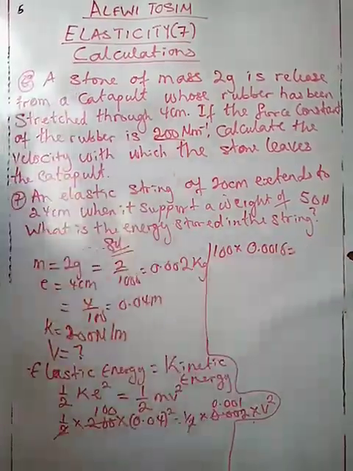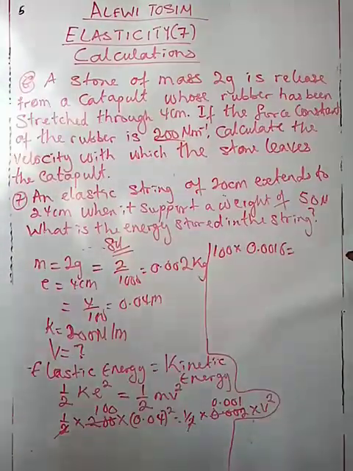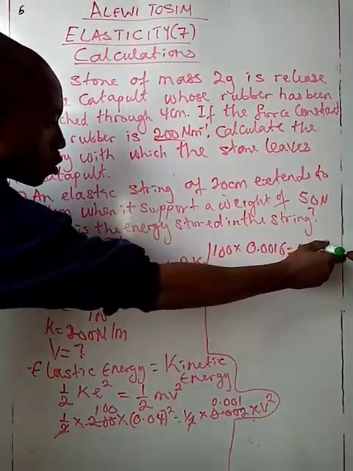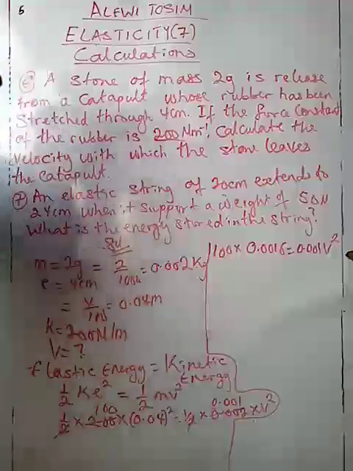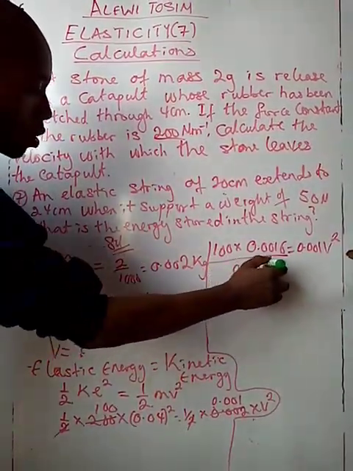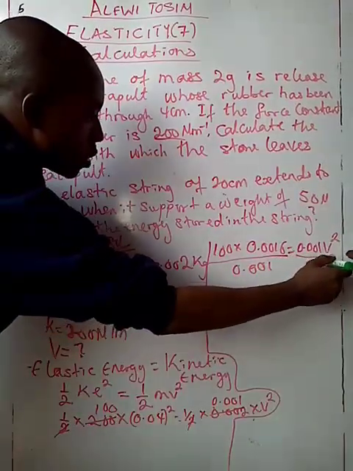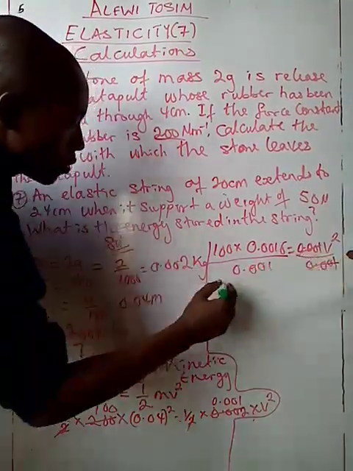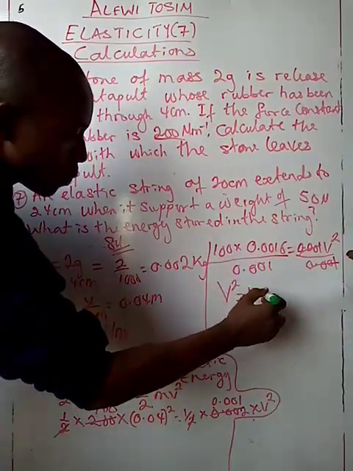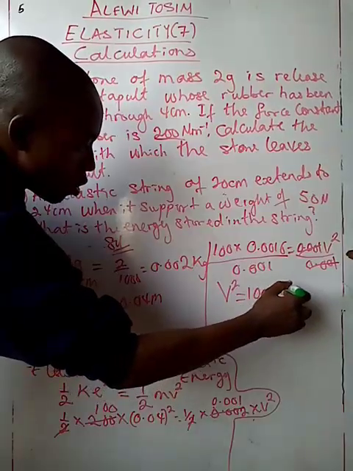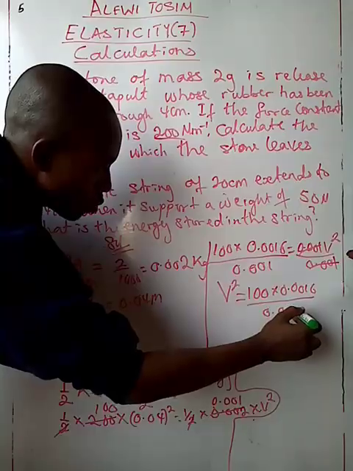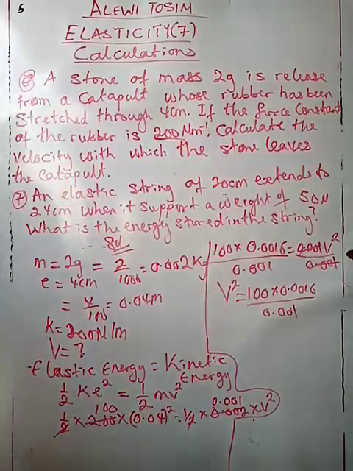So 0.0016 now equals 0.001 multiplied by v squared. Dividing through by 0.001, this cancels this. So we have v squared equals 100 times 0.0016 over 0.001.